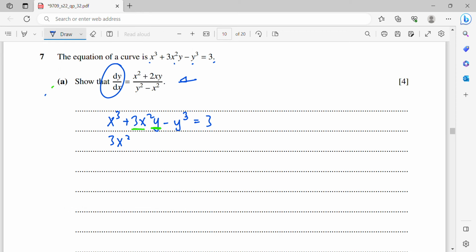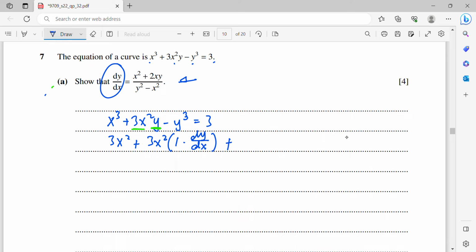Therefore, we need to differentiate this using the product rule. So keep the first term, which is the u, and differentiate the y with respect to x. It will be dy over dx.